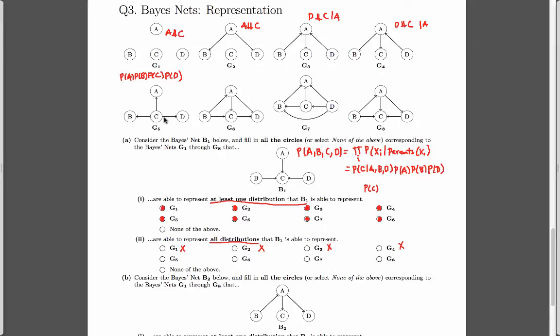Now looking at G5. So in this case, all the arrows are pointing away from C. So if we condition on C, then we will get that A and D are independent, for example.